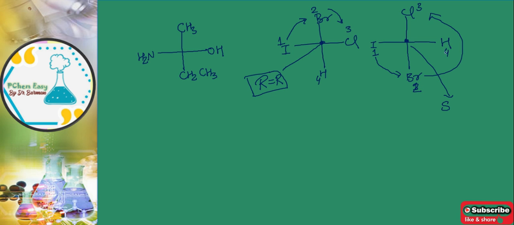So as per the rule, what do we have to do? We have to revert or invert it. So if it is S configuration, we will write it R. So the configuration of carbon in this case will be R. Okay, so that depends on the arrangement of groups or atoms.